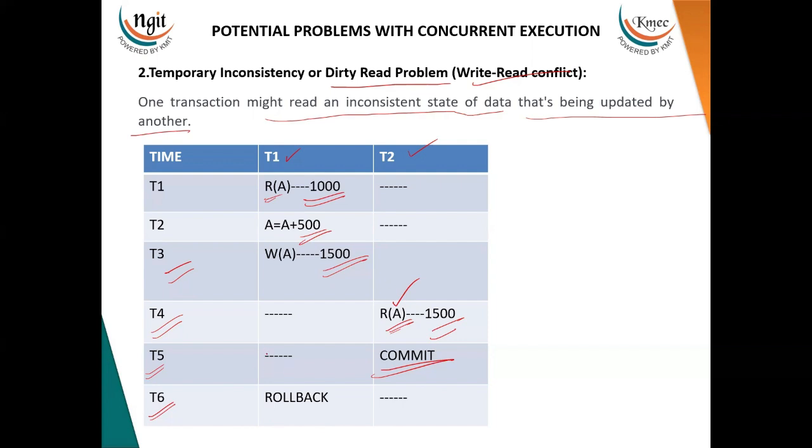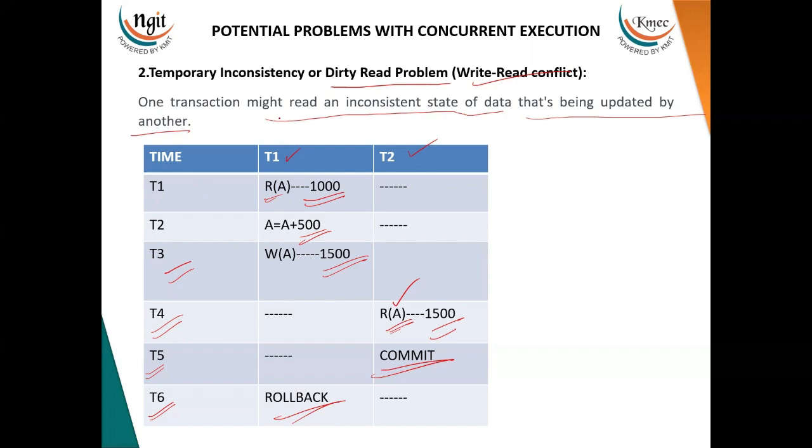Due to some internal failures, assume that this T1 transaction is rolled back. Rollback means what? After performing the write operation on account A, the T1 transaction should also make a commit. It does not indicate any commit. Some failure has occurred and the transaction is rolled back. So then what happens?